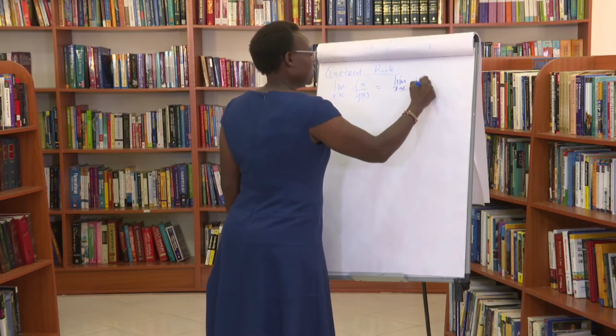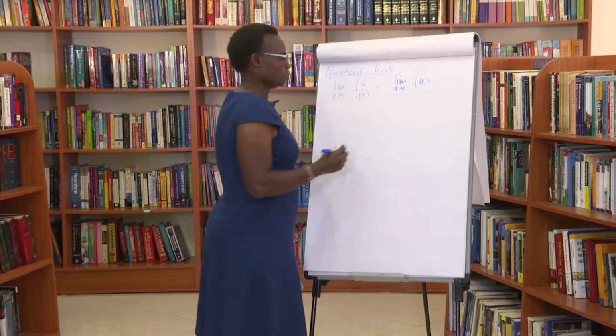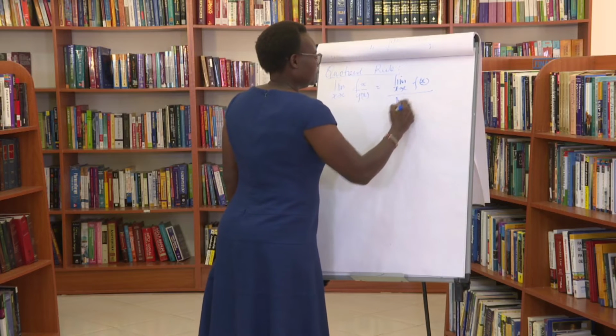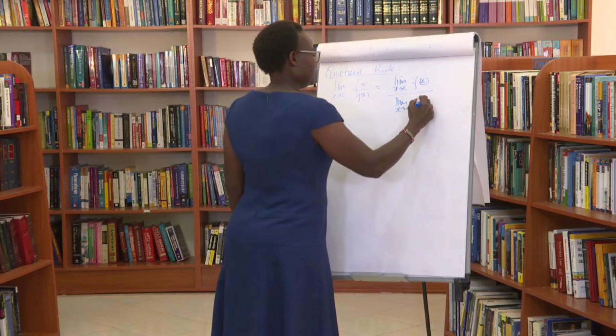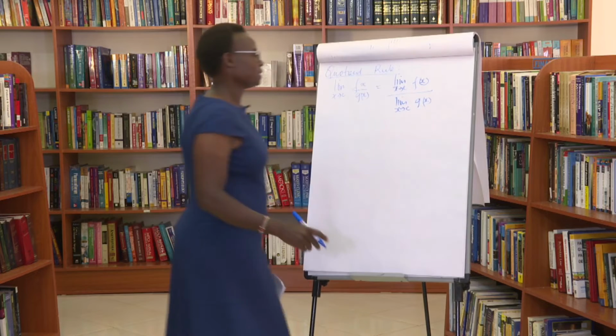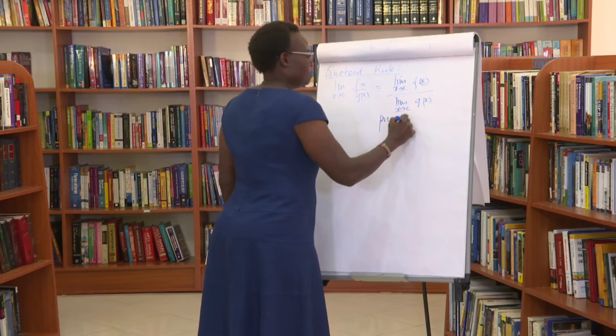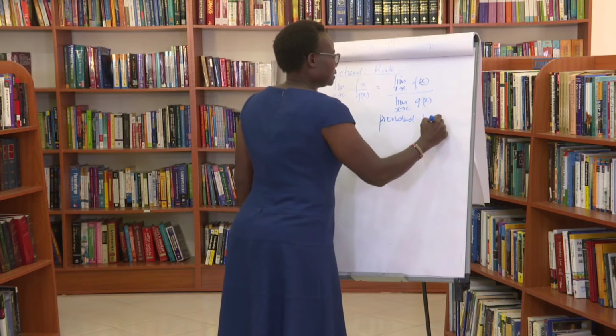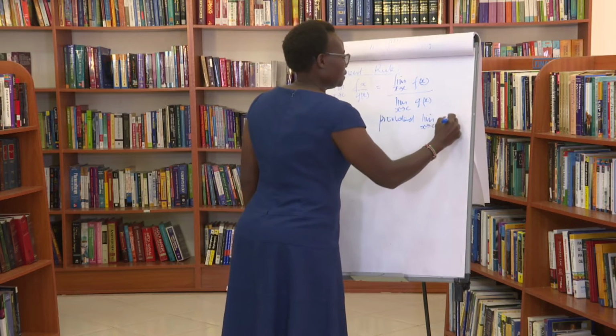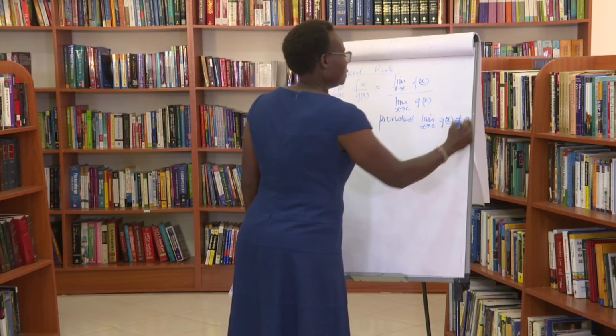So you get the limit of f of x, the first function, and then you find the quotient of that limit with the second limit. But there's a rider here. So provided the limit as x tends towards c of g of x is not equal to 0.